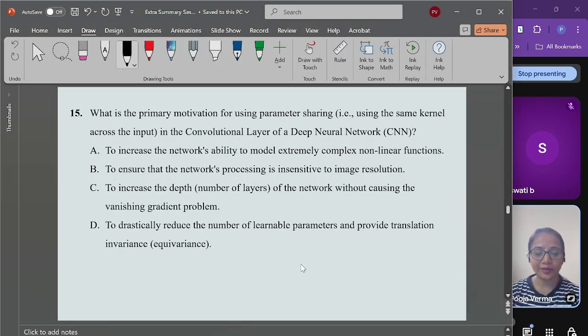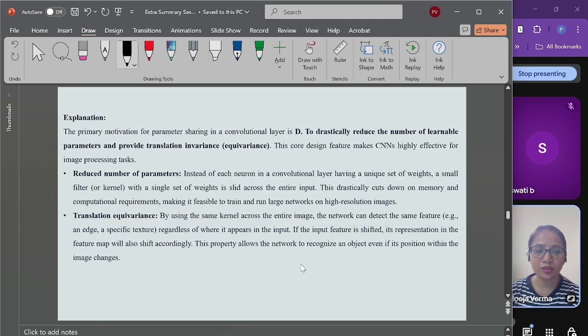Okay, so let's see the solution for this question. The primary motivation of parameter sharing in the convolution layer is option D, which is the correct answer: to drastically reduce the number of learnable parameters and provide translation invariance. This core design feature makes CNNs highly effective for image processing tasks.